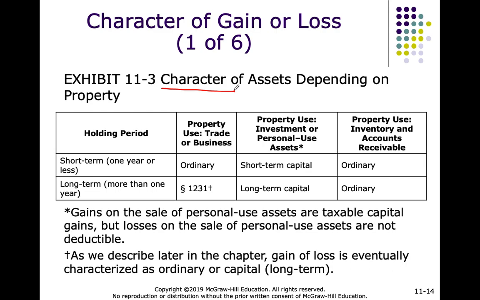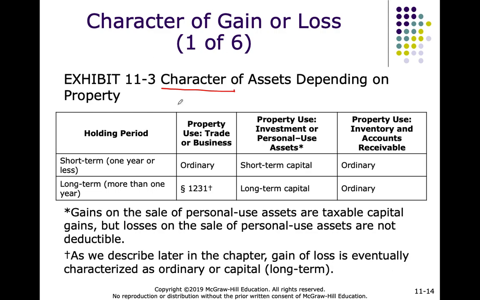If we have investment property that's been held 1 year or less, that will mean short-term capital. Inventory and accounts receivable are always ordinary regardless of the length of time that we have these assets.